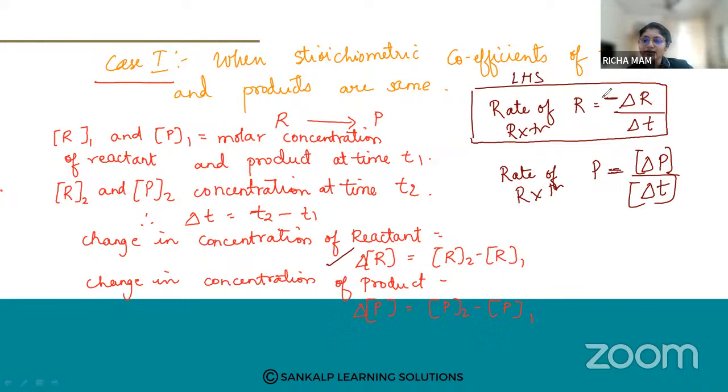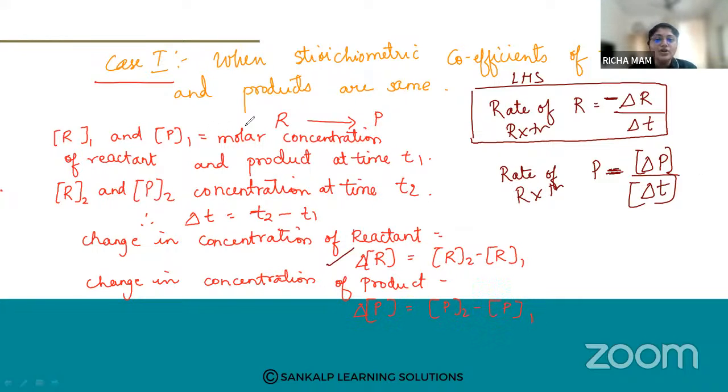The negative sign indicates the decrease in concentration of reactant in unit time, and the product will be positive. This is when the stoichiometric coefficients of reactant and product are the same.